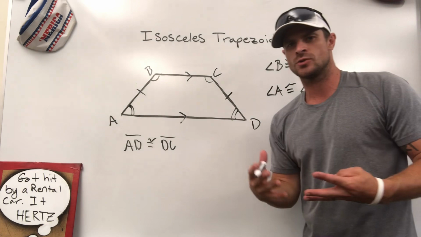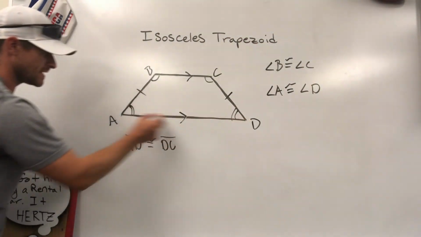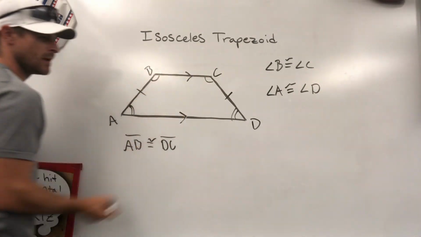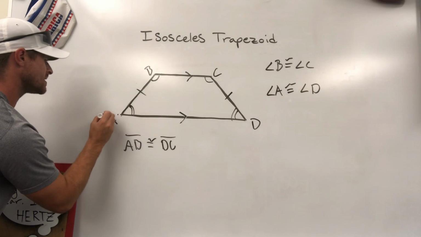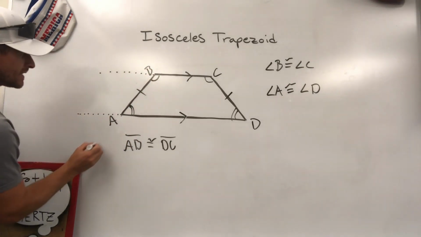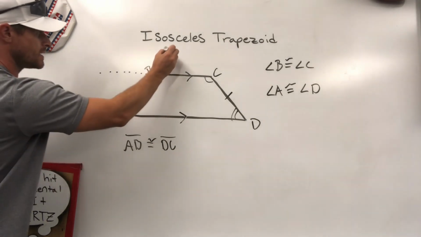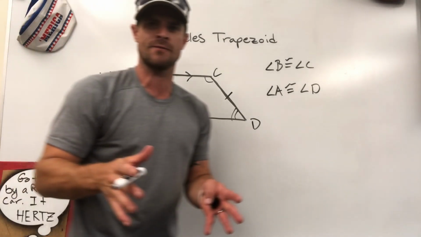So these are congruent angles, angle A and angle D. Now, where do things get a little bit trickier? Imagine that this line here and this line here, because we're dealing with a trapezoid, we know they're parallel. I want you to imagine extending those lines out, and then extending this line AB. If I were to continue drawing AB, we are looking at what's called a transversal.